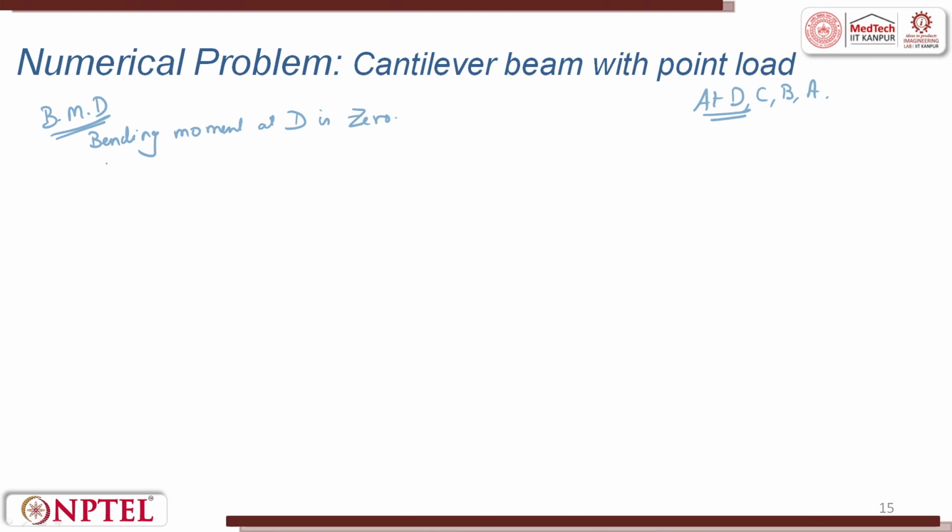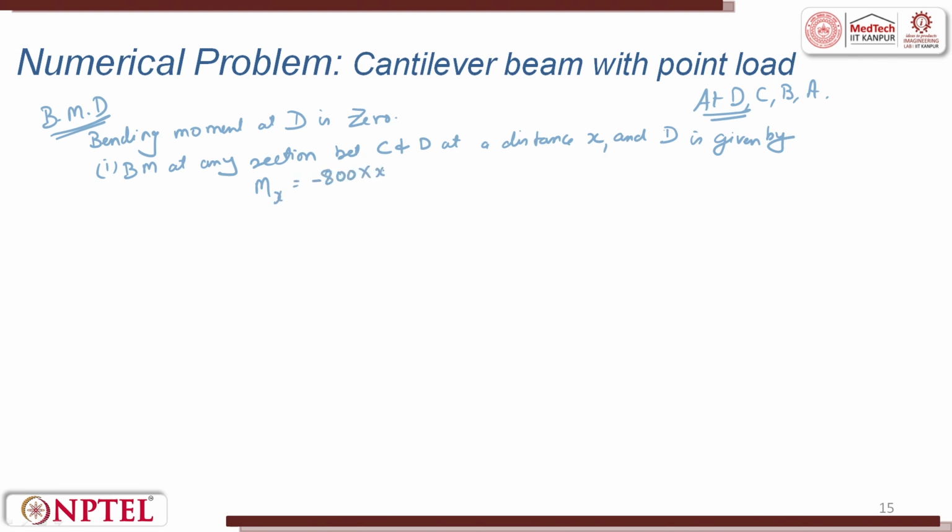Next, the bending moment at any section between C and D at a distance x is given by moment of x equal to minus 800 into x, right, and which follows a straight line law.